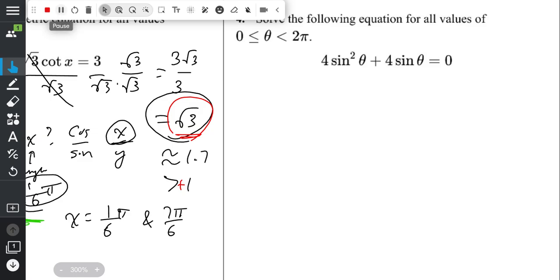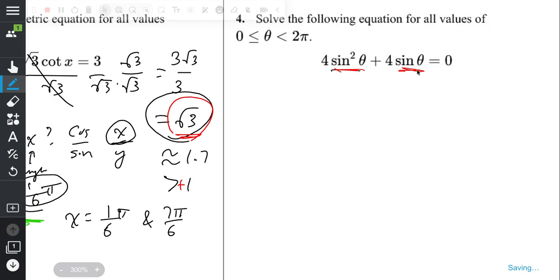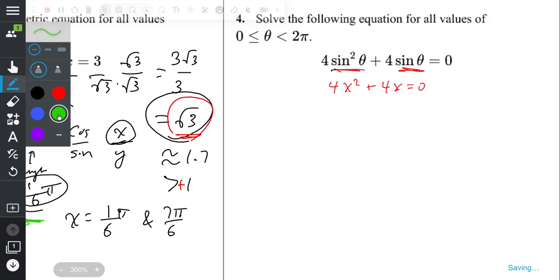Now we're solving a trickier equation where you see our trig function in two places, okay? So what we're going to do is think about solving for this as if, and I'm just going to do a quick substitution because you might see it better this way, okay? This is a quadratic.